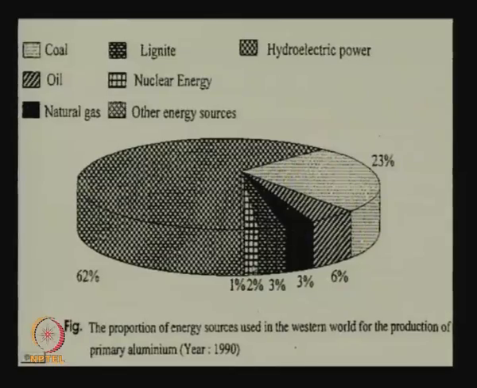A small amount of nuclear energy is also supplying electricity to the grid, from which electricity is being drawn by aluminum plants. There are one or two other energy sources, could be wind, could be solar, it is not mentioned. But hydroelectric power is what accounts for most of the energy being consumed by the aluminum industry, 62%.